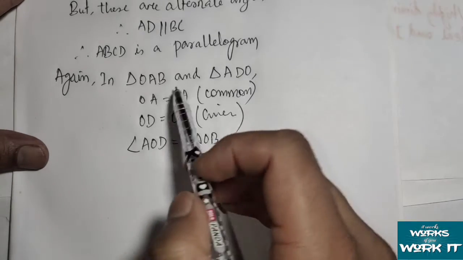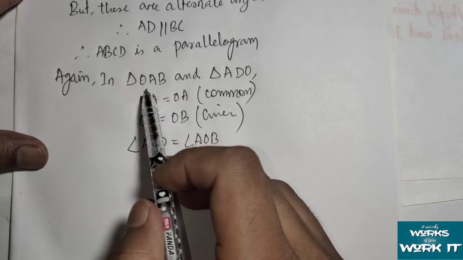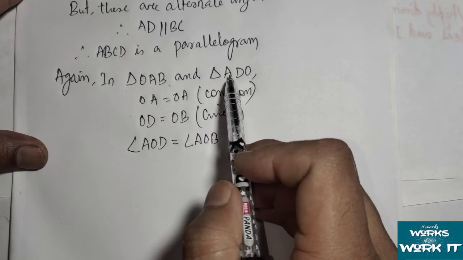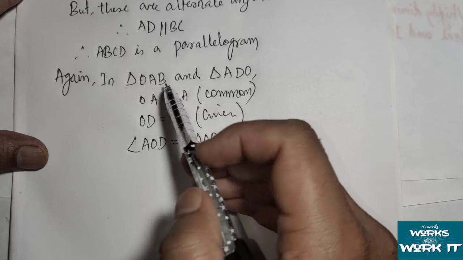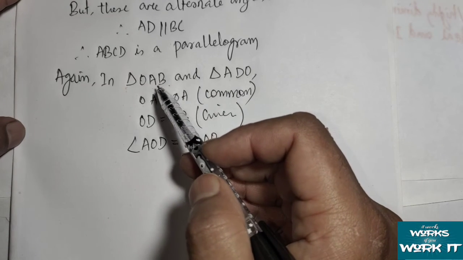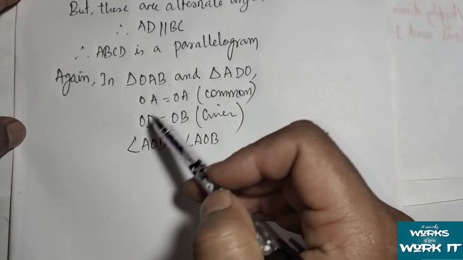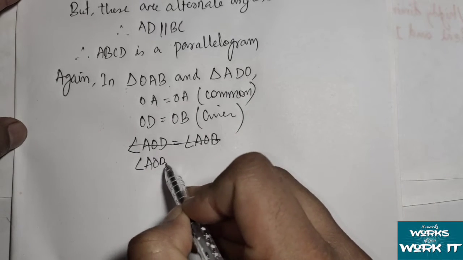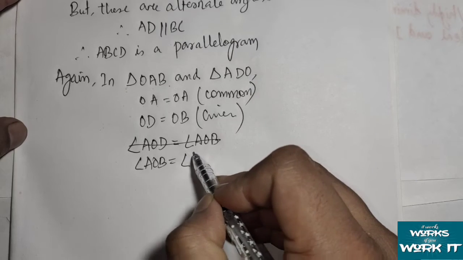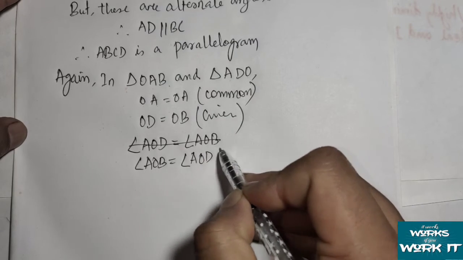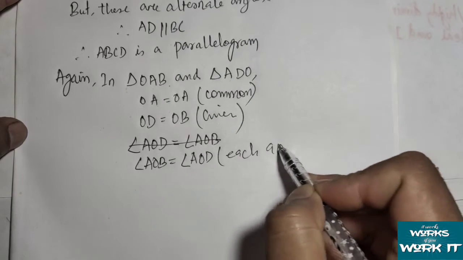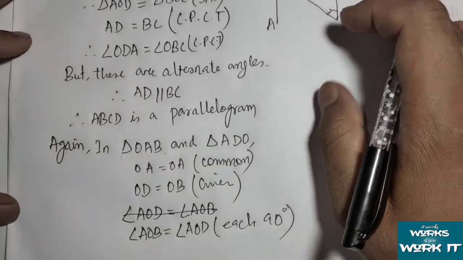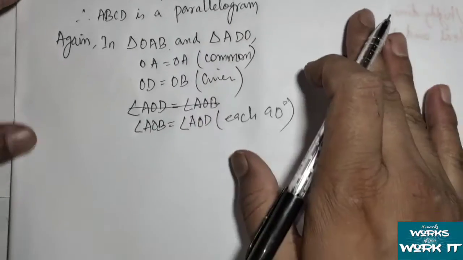Okay, so here we have written on the left hand side the OAB triangle and on the right hand side the ADO triangle. So whatever things belong to triangle OAB should be written on the left hand side. So I can exchange the things. AOB equal to angle AOD, each 90 degrees. Okay, so up to here I hope you have understood this one.